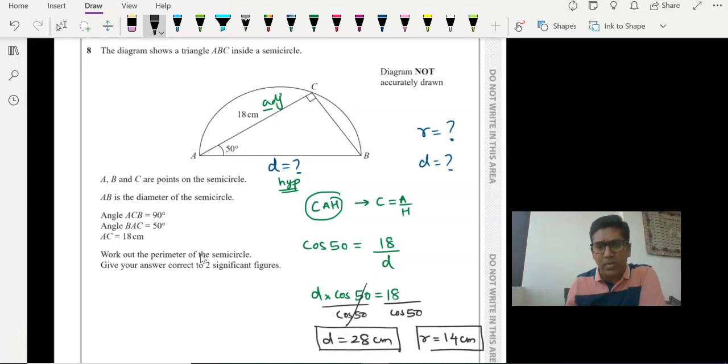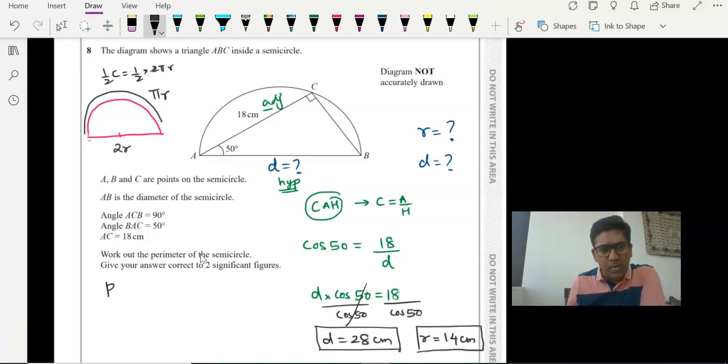Now you know the radius, you know the diameter. We need to find the perimeter of the semicircle. Now to find the perimeter of the semicircle, we need to add the diameter and half of the circumference. Now this part is half of circumference, that is half of 2 pi r. So basically you need to add pi r, and diameter is 2r.